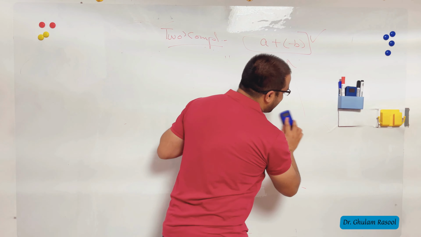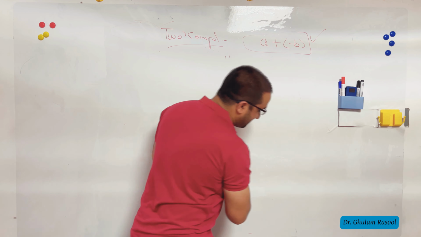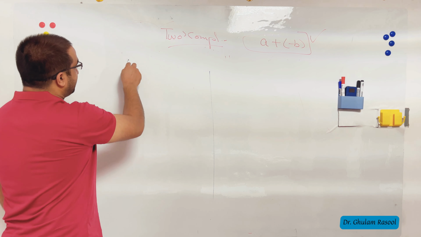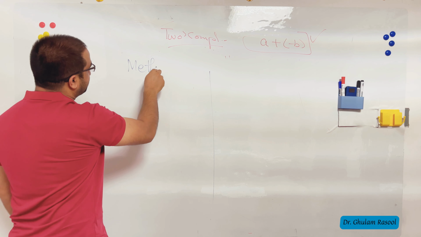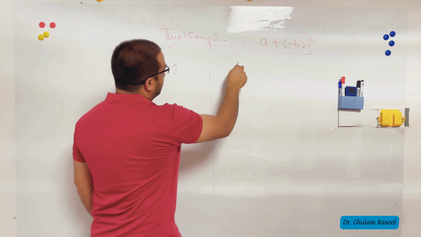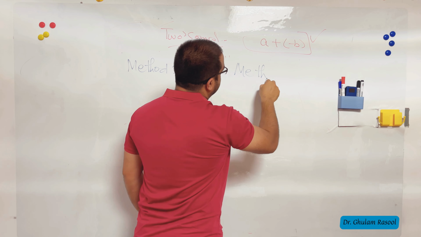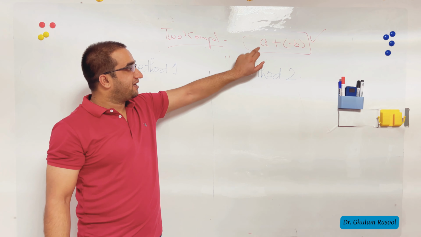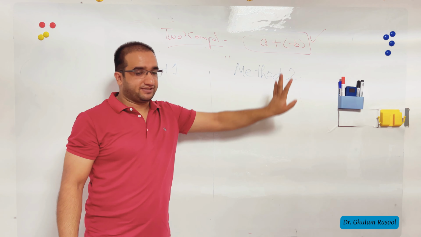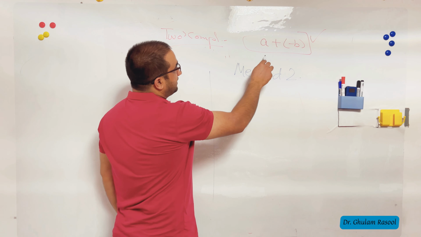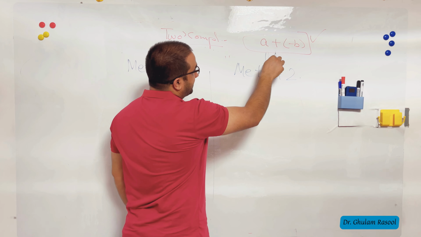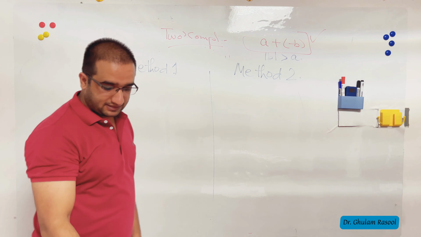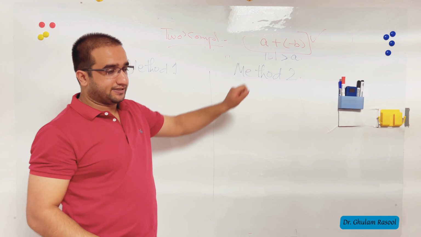Okay, let me summarize the two so you can understand. There was method 1 and there is method 2. The question is the same: find the sum of a positive and a negative number, and the condition is that the absolute value of the negative number is greater than the positive number. This condition is the same here.